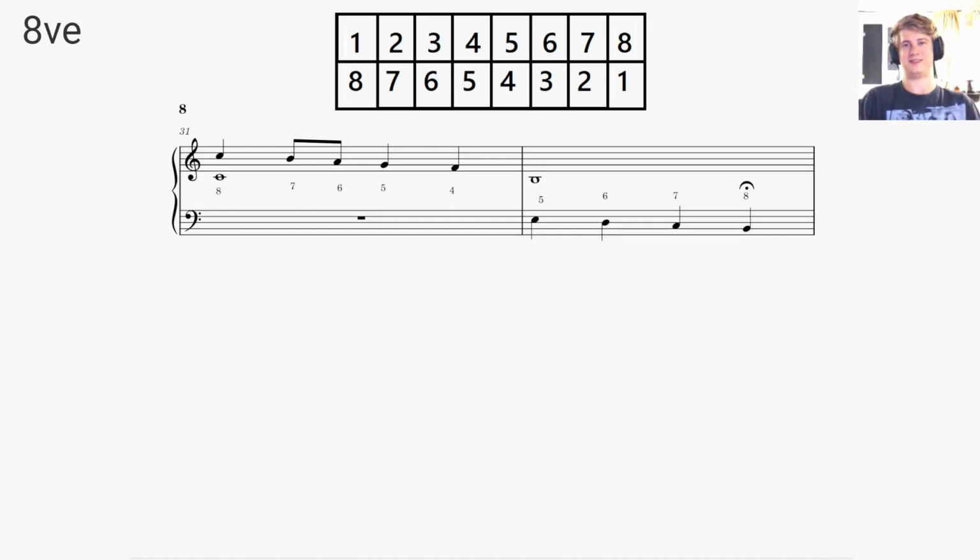The problem with this is that now you have a 5th interval that is being approached in direct motion, specifically similar motion, but there's a bigger problem, and it gets worse the more that you look at it.